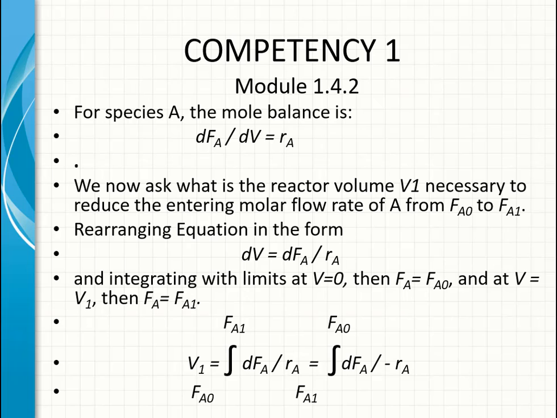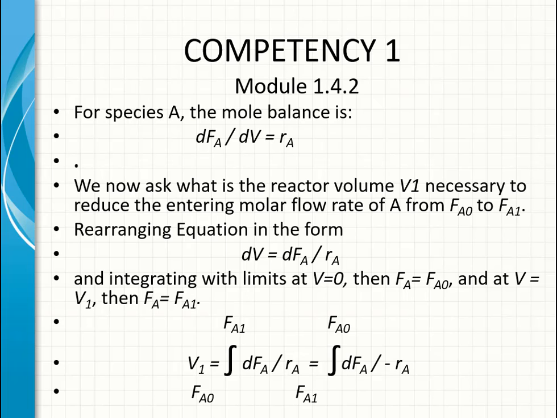And if we integrate with the limit that at V equals 0, then FA equals FA0, and at V equals V1, then FA equals FA1, we will have that the volume of the reactor needed, V1, will be the integral from FA0 to FA1 of dFA divided by RA.